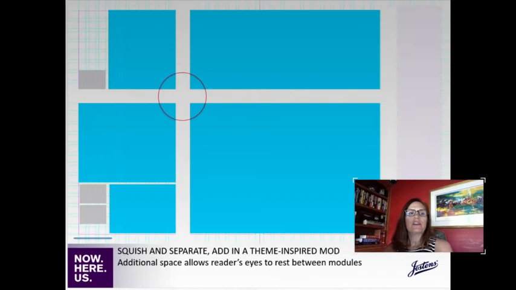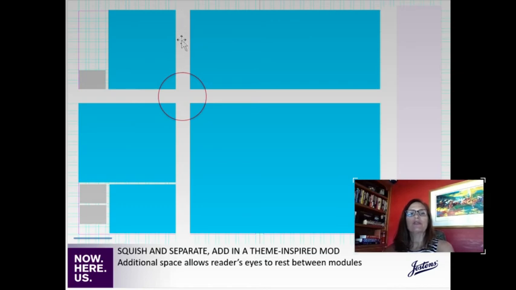So let's take a look at what that looks like. Again, think you're going to, in modular design, squish things together if they go together and separate things if they don't. So we're still creating our XY axis here. This time, instead of having a single pica creating those vertical and horizontal eye lines, we're going to have a rail of 3 to 6 picas.